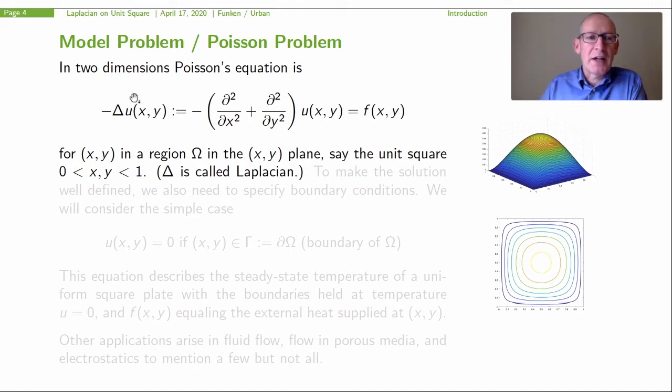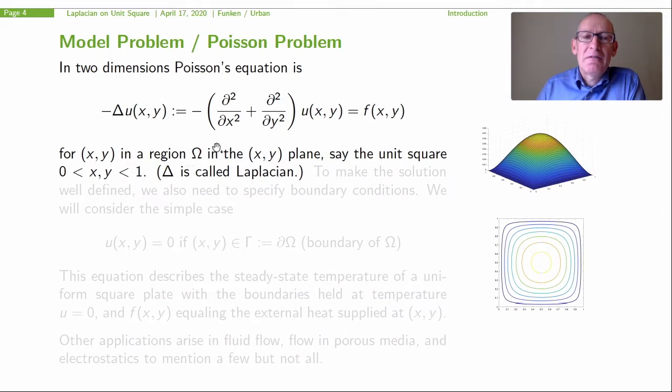This triangle on the left hand side is defined as the sum of the second partial derivatives for each space dimension, here with respect to x and y applied to the unknown function u, and this should be equal to the right hand side f, a volume function. And this should be satisfied for all x, y in the given region omega.